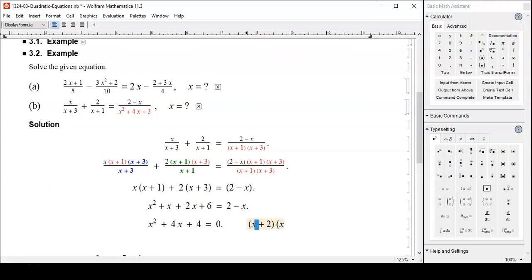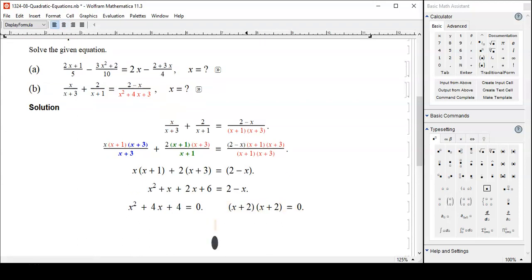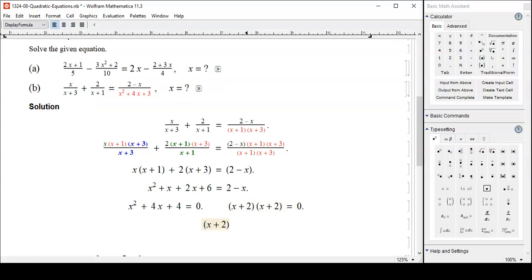x plus 2 times x plus 2 equals to 0. So we get x plus 2 squared equal to 0. So we get x is -2, double root.